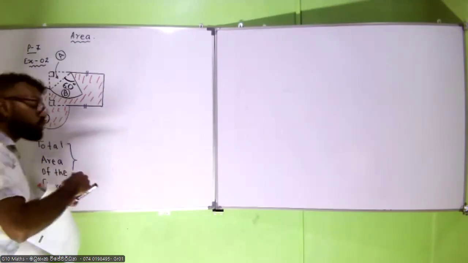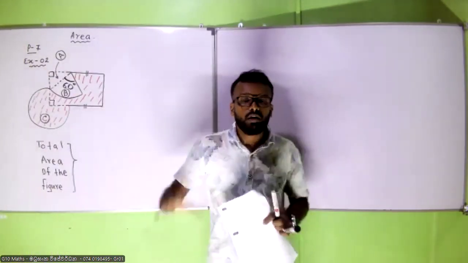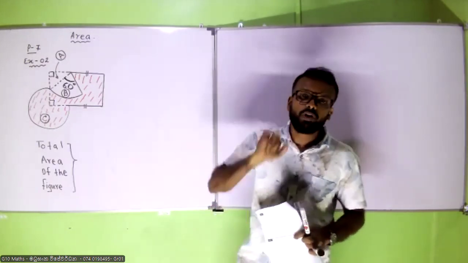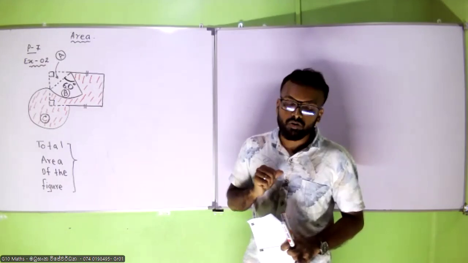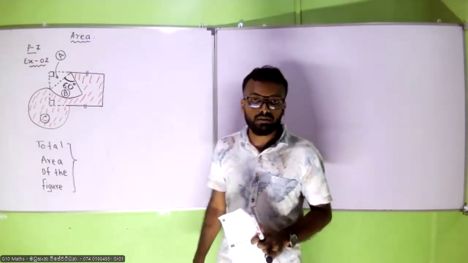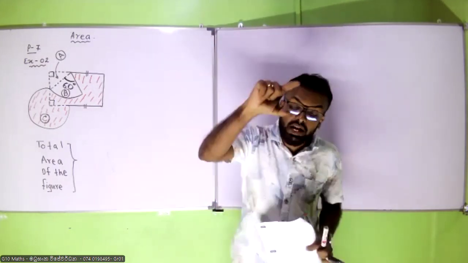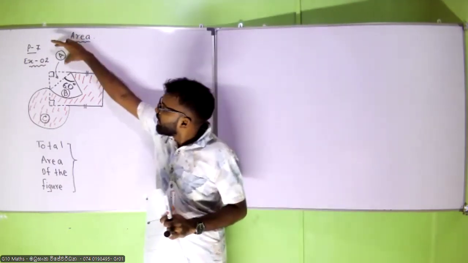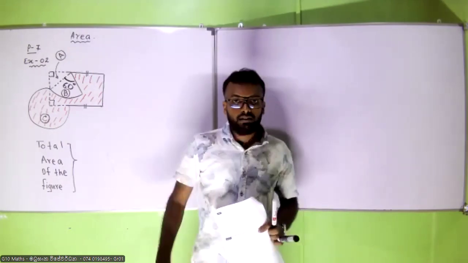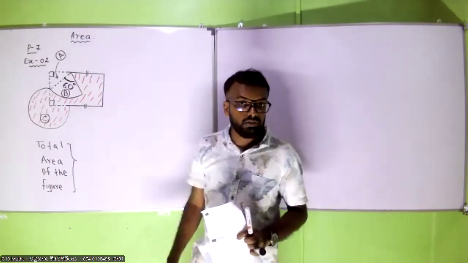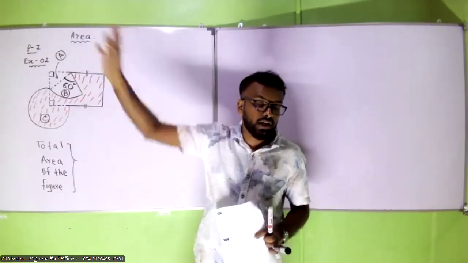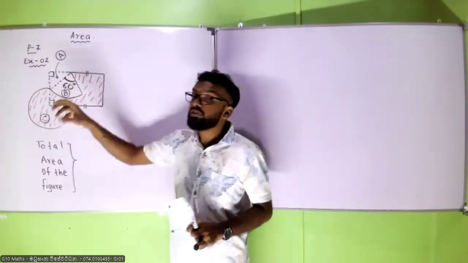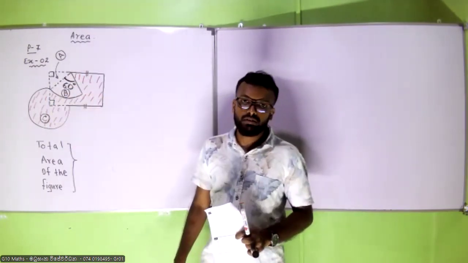So the story is, when you have a rectangle, you know how to find the area of a rectangle, no? Length into breadth. From that rectangle, you remove the area of A, the right angle triangle, and the area of this sector of circle.